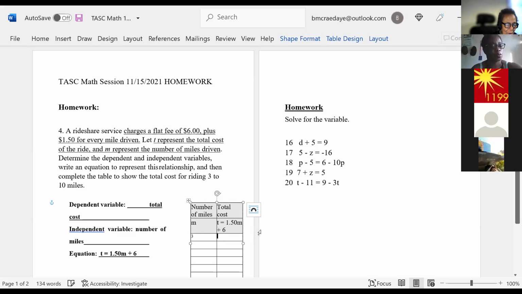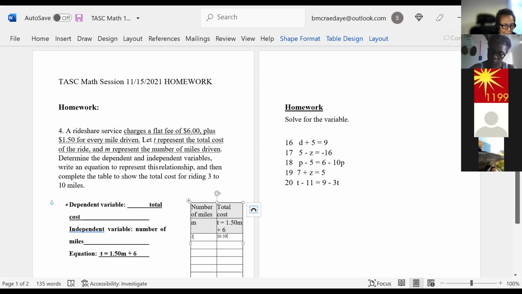So we multiply 3 times 1.50, which is 4.50. Plus 6 is 10.50. That's right.